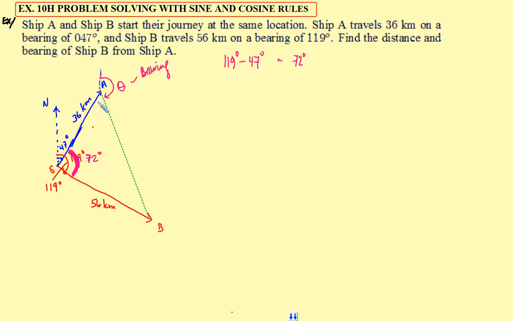Knowing that, we can look at what information we've got for figuring out the length of AB, the distance from ship A to ship B. One of the sides is 36 kilometers. I have another length that's 56, and we also have the angle in between them, which is 72 degrees. So the only thing we can use at this point is the cosine rule.